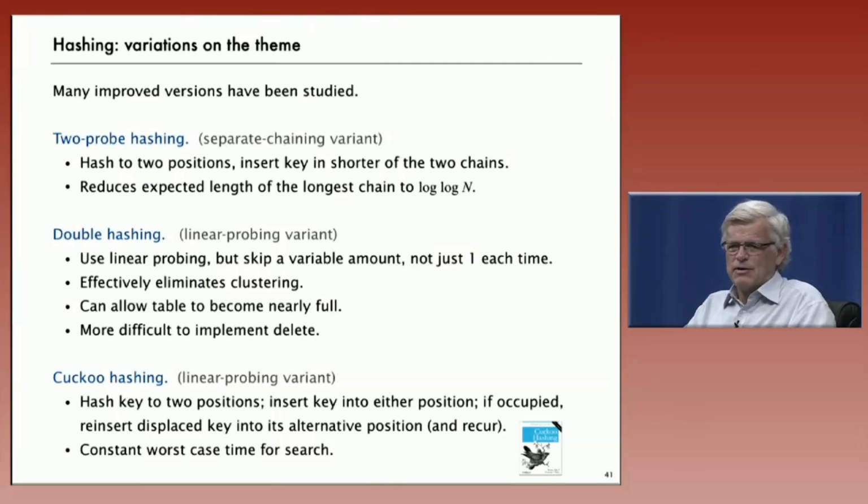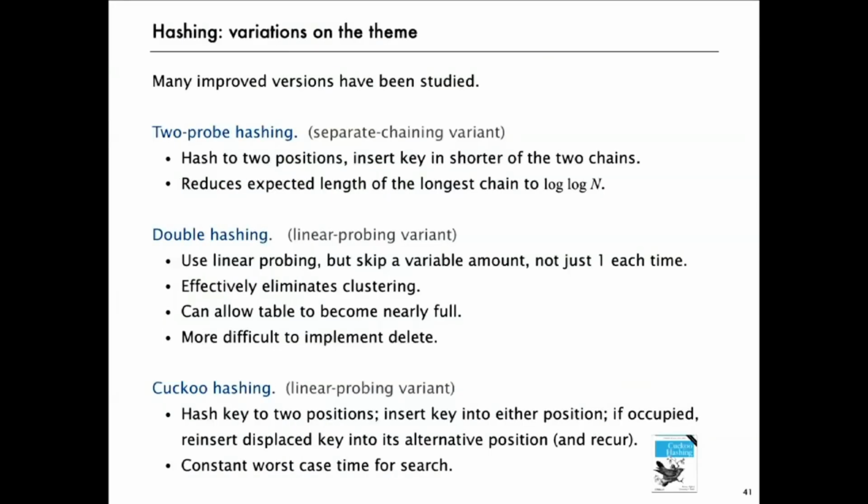A relatively new method called cuckoo hashing is another variant of linear probing where we hash a key to two positions and insert the key in either one. If occupied, you reinsert the displaced key into its alternative. Each one can go to two. And that one actually gives constant worst case time for search.